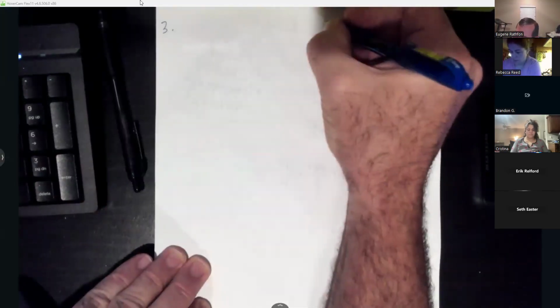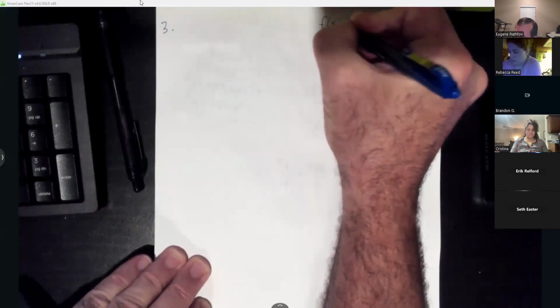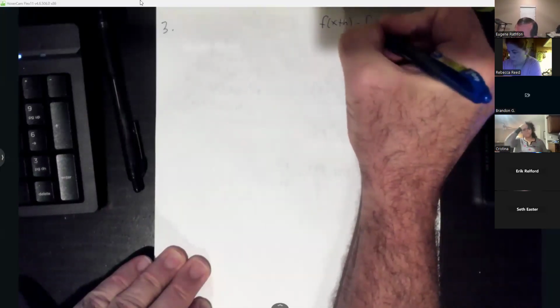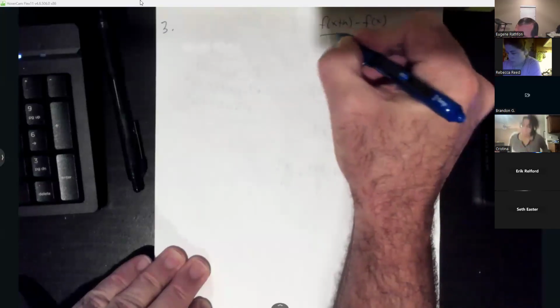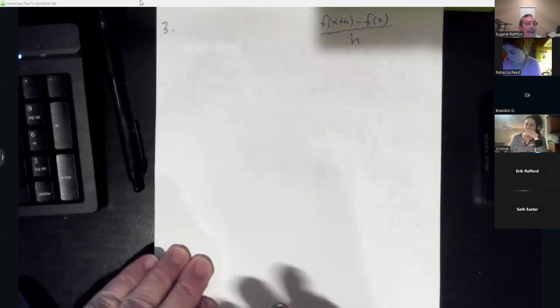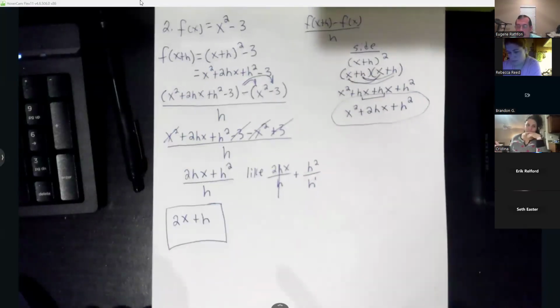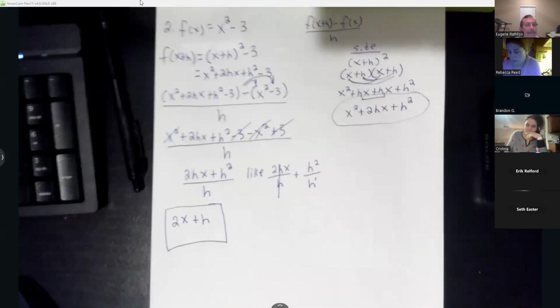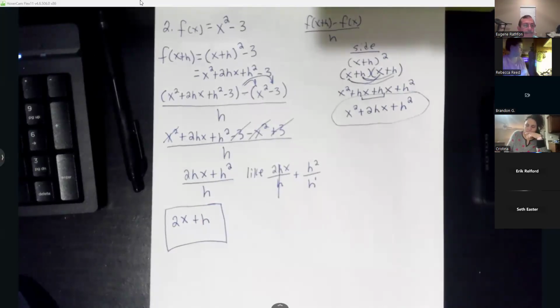Here, y'all, so once again, let me put my formula here. f of x plus h minus f of x all over h. Now, the next one's going to be a little bit more work, but the trick is still going to be finding that f of x plus h, okay?